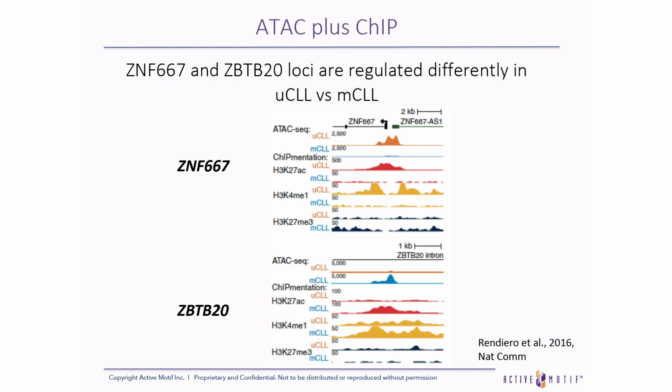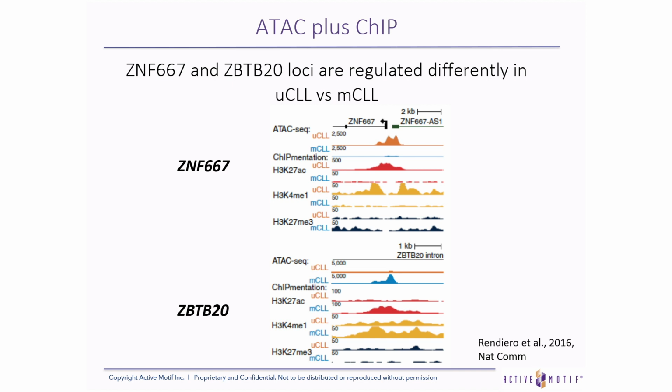All these things are off in the mutated form, except for the K27 trimethylation. That seems to be on in the mutated form, and that is our mark signifying that chromatin is closed, that the gene is off. So these data correlate with each other, and for ZNF667, this shows us that that's a locus that's on for the UCLL and off in the MCLL.